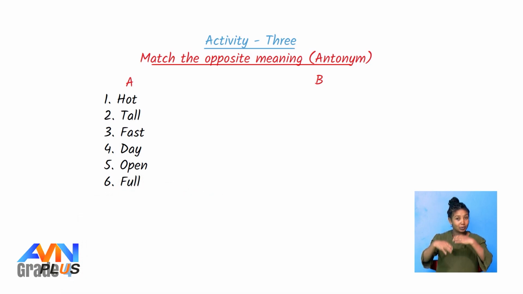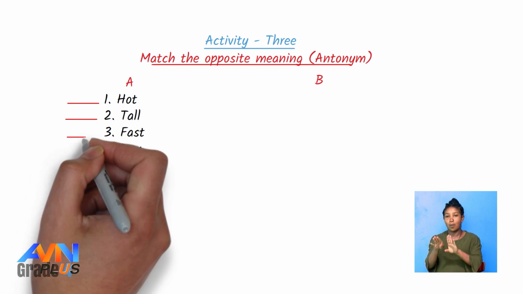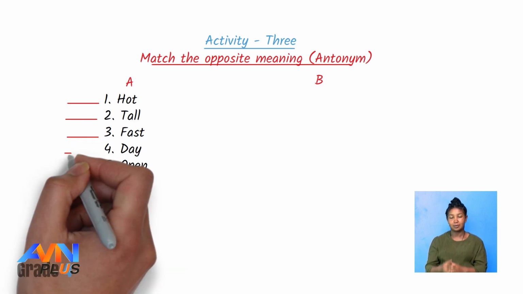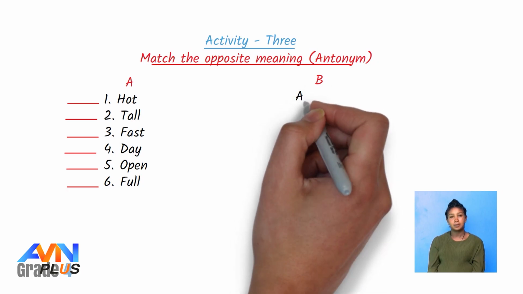Hot, tall, fast, day, open, full. Here is column A. Let us start with column B. A, cold.